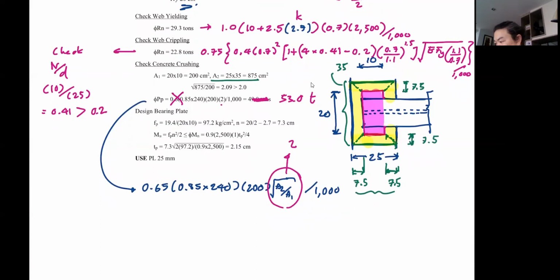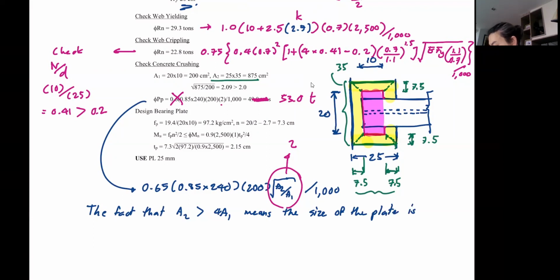So let me take this note down for you. The fact that A2 is greater than 4A1 means the size of the plate is too big.